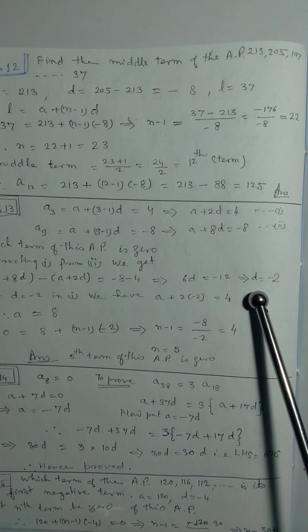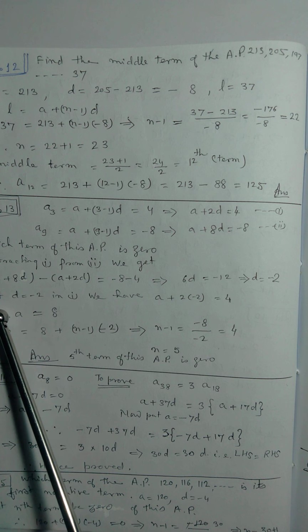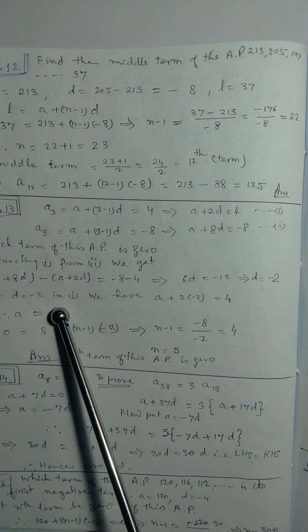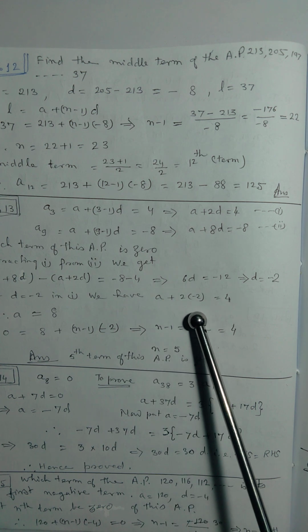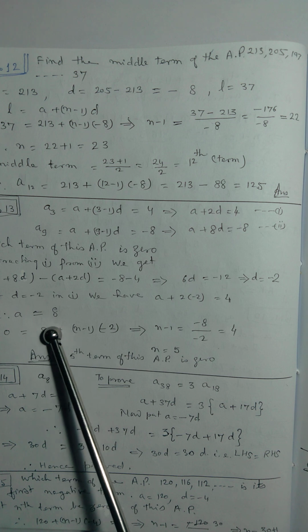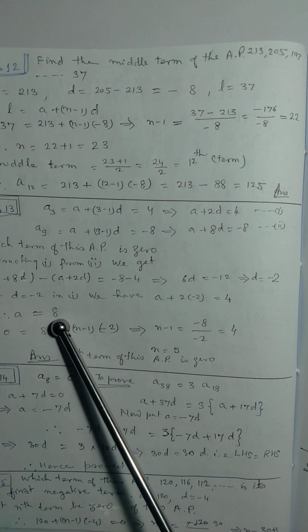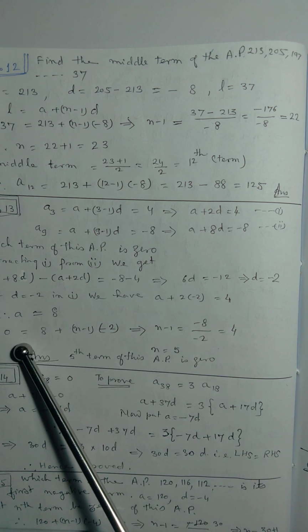So d, the common difference, will be equal to minus 2. Now put this value d equal to minus 2 in the first equation. We have a plus 2 into minus 2, that is 4. Just transpose it, and you will get a equal to 8.